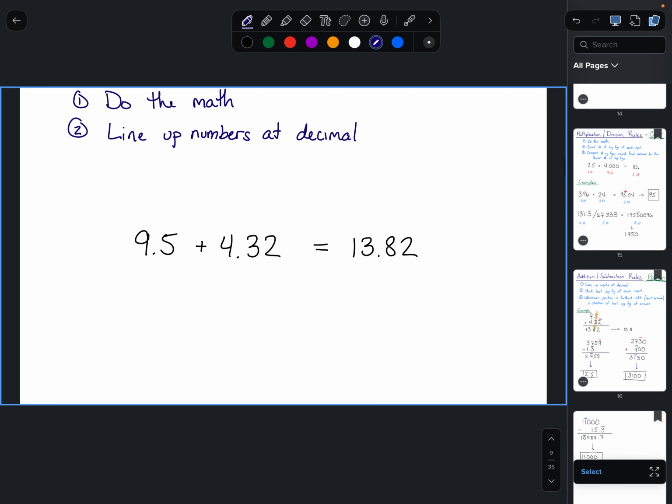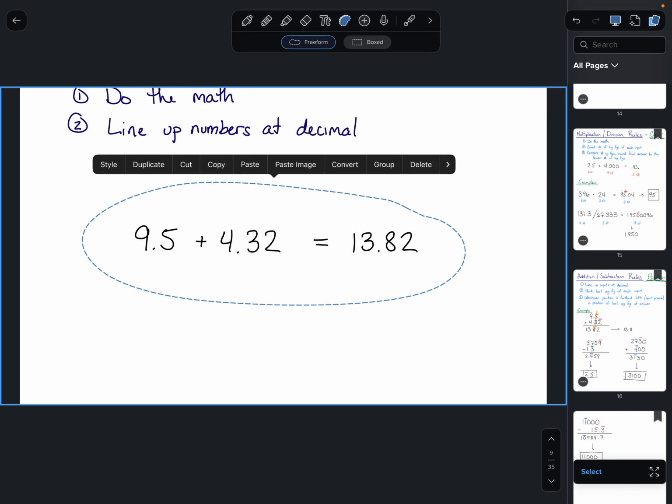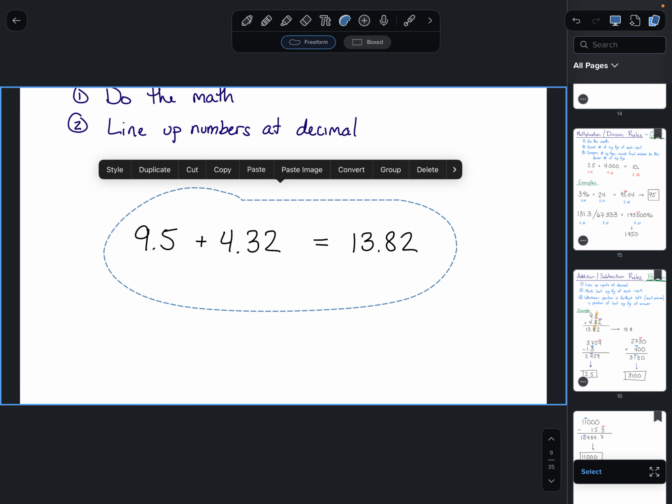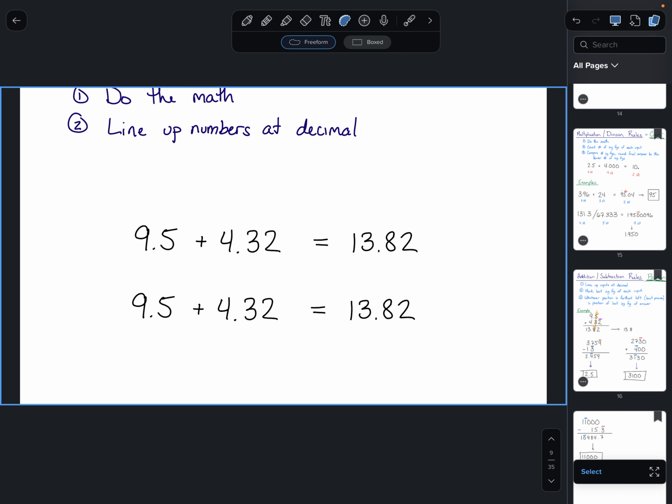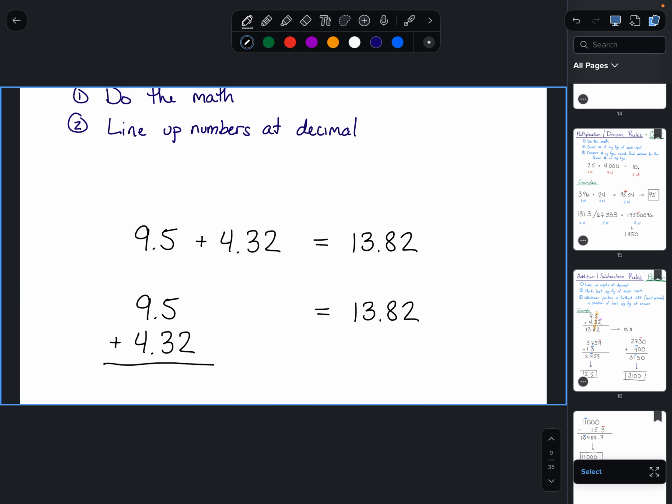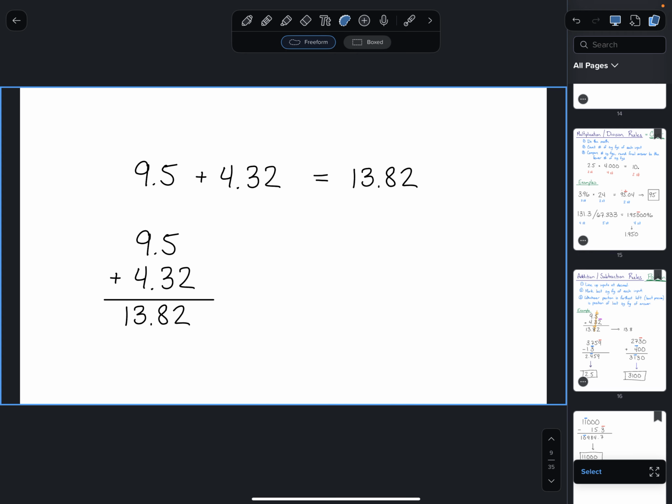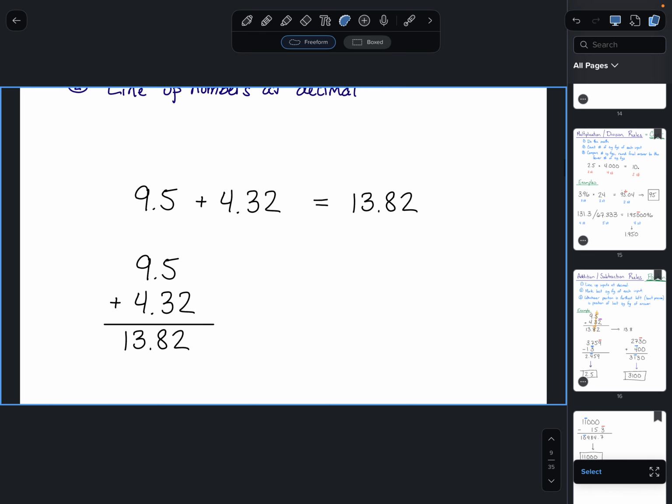All right, so I'm going to rearrange. I'm going to copy and paste here, and then rearrange, stacking these numbers on top of one another, just like we were used to seeing back in the day. Okay?